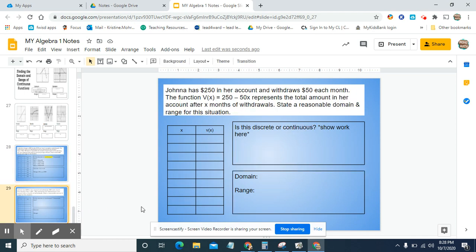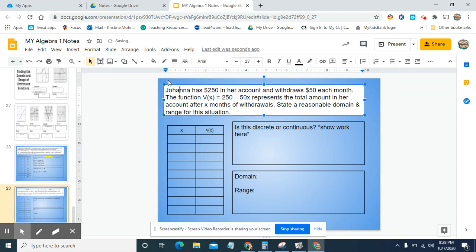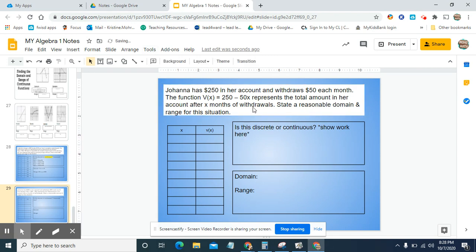Now let's look at this example, our second one. Johanna has $250 in her account and withdraws $50 each month. The function v of x equals 250 minus 50x represents the total amount in her account after x months of withdrawal. State a reasonable domain and range for this situation.